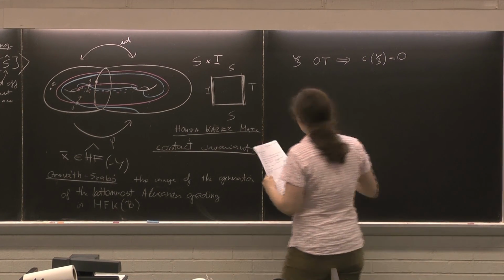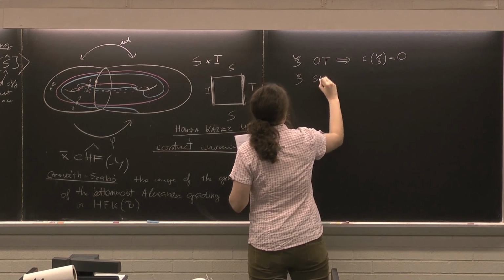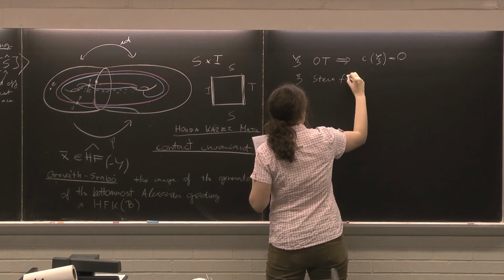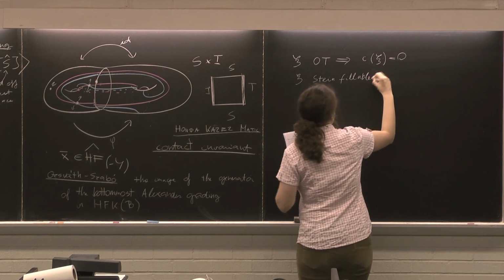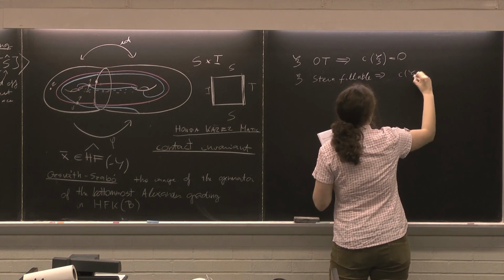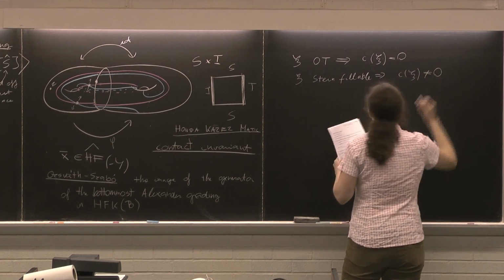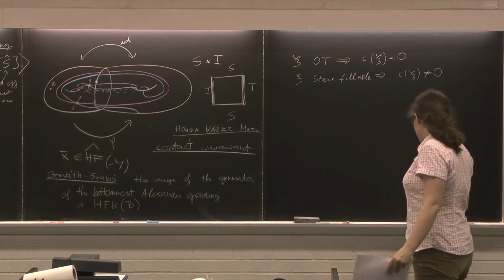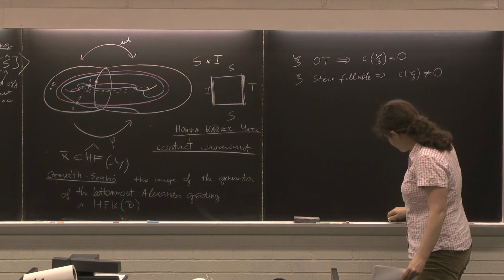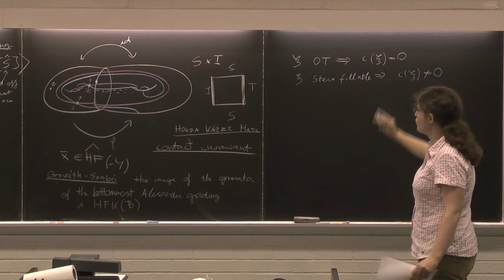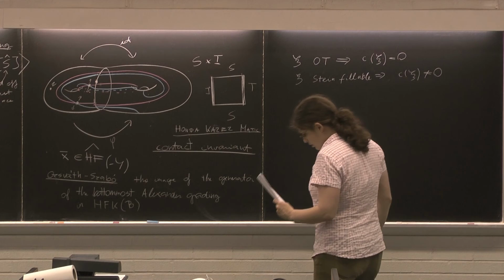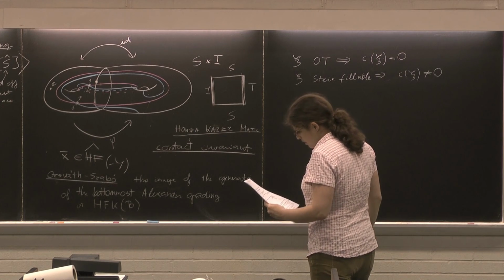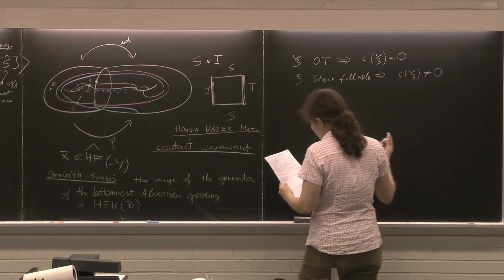And if you have a Stein fillable contact structure, then the contact invariant doesn't vanish. Also, this contact invariant has some twisted versions, for which it's even true that if it's overtwisted, then it doesn't vanish, for some twisting.